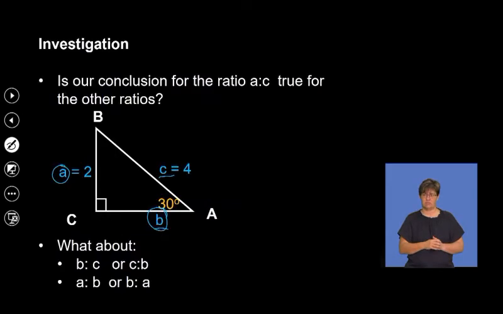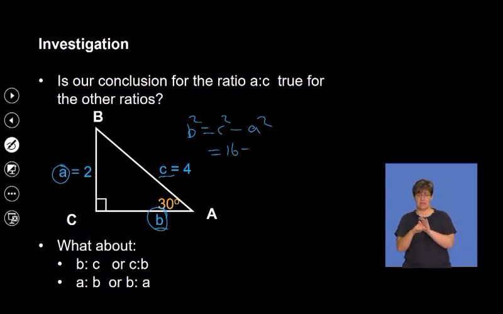So let's just quickly go back to this. Remember that my theorem of Pythagoras will then be B squared equals C squared minus A squared. And C squared will then be 16 minus 2 squared, which is 4, and this will give me 12, and that's B squared.